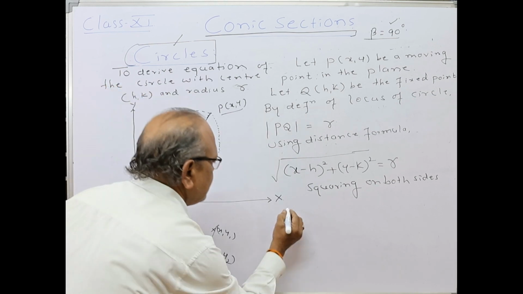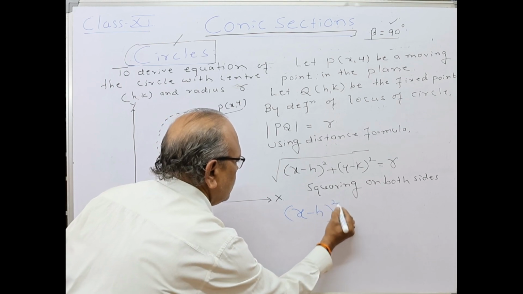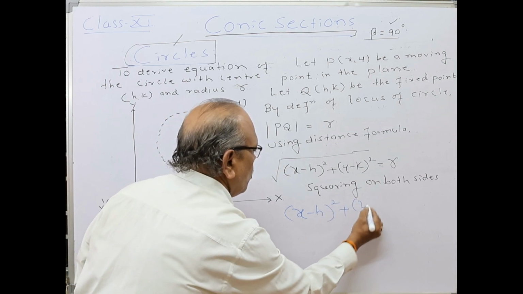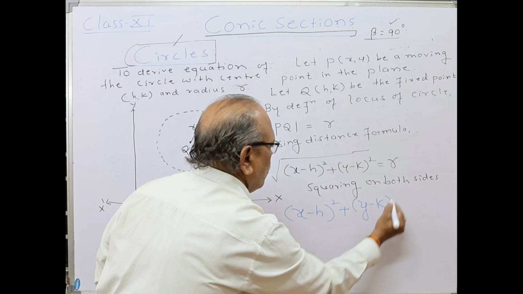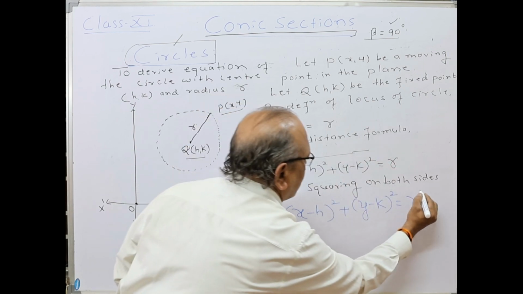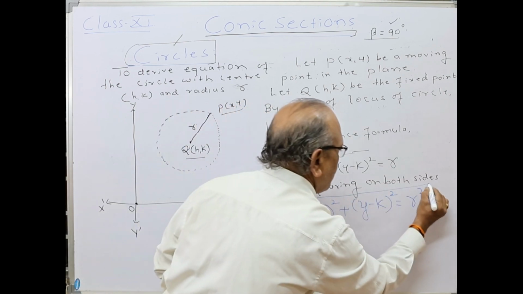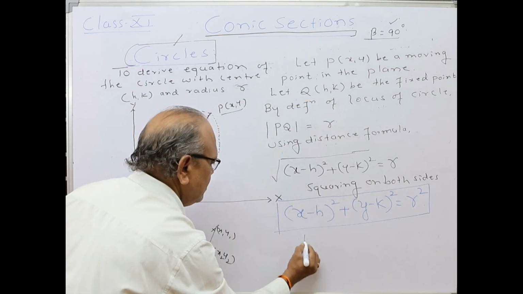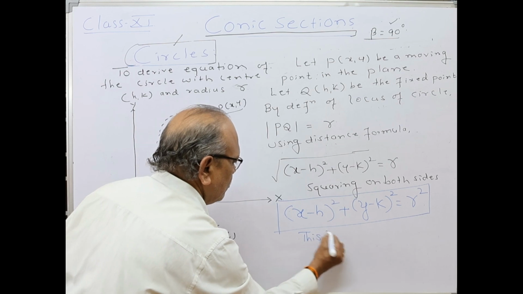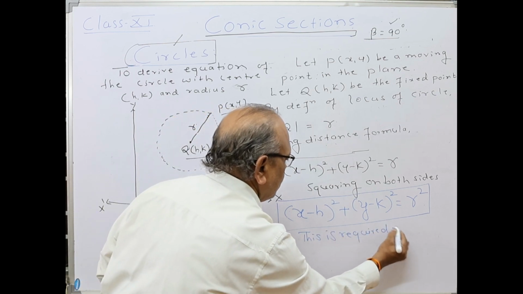That is, (x minus h) whole squared plus (y minus k) whole squared is equal to r squared. Here the root eliminates, so you write the square. Yes, the equation of the circle is ready. This is the required equation.